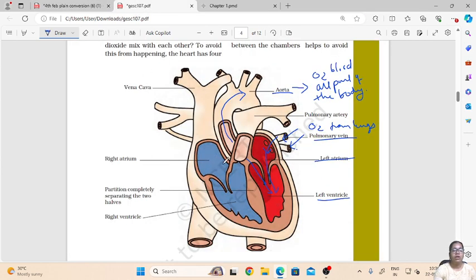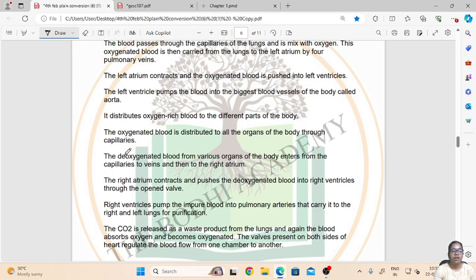So here, the right part will receive the deoxygenated blood. The right atrium contracts and pushes the deoxygenated blood into the right ventricle through the open valves. The right ventricle pumps the impure blood into the pulmonary artery that carries it to the right and left lungs for purification.